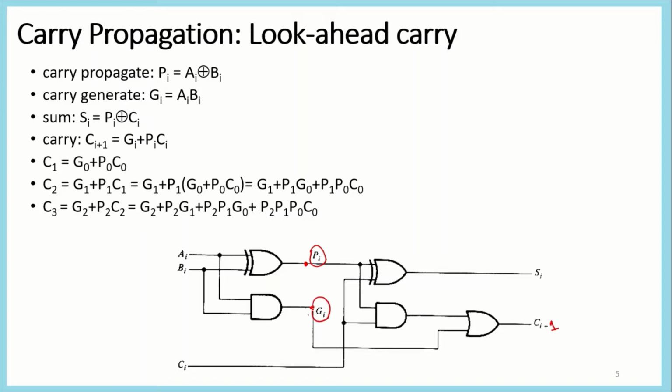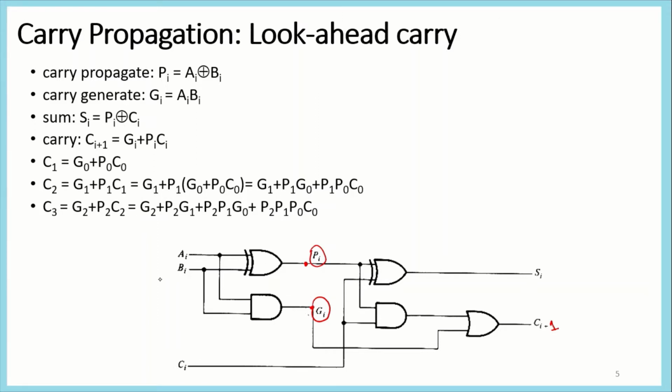The first one is Pi, known as propagation, and the second one is Gi, known as generation. The Pi term here is called the carry propagation term, and the Gi term here is called the carry generation term.